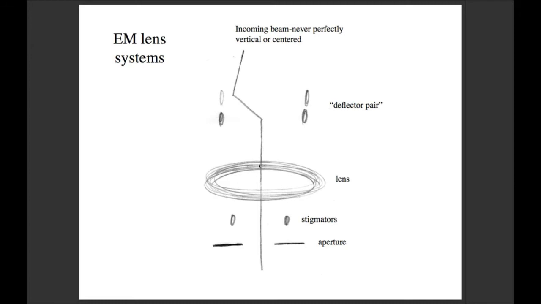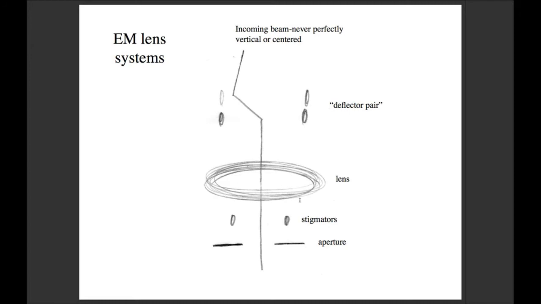After that, you have what's called a stigmator. All lenses are not perfectly equal and symmetric on all sides, so a lens doesn't always create an even magnetic field around it, which means you have to correct for that by compensating with these stigmators.